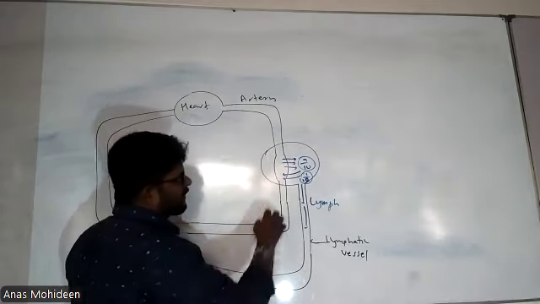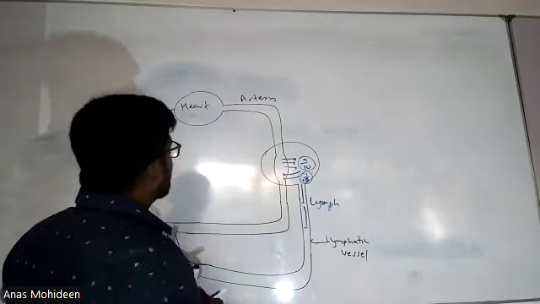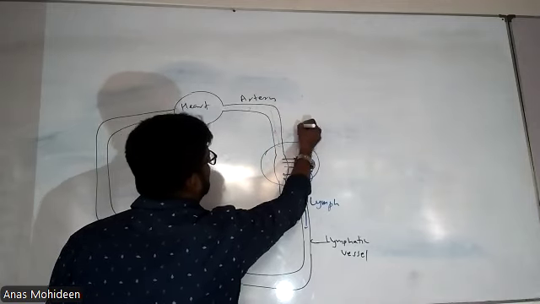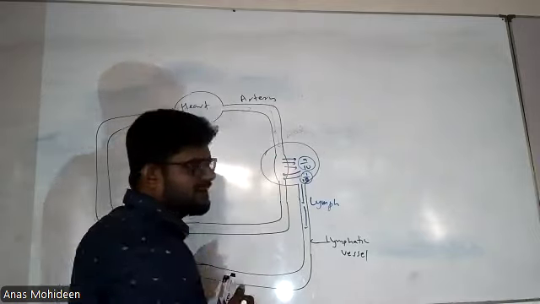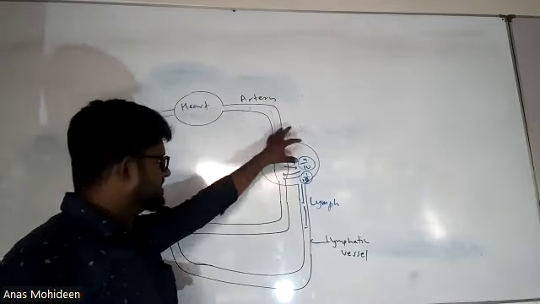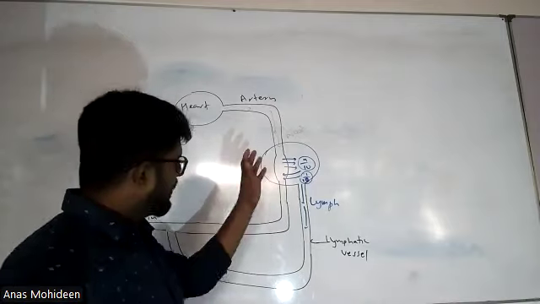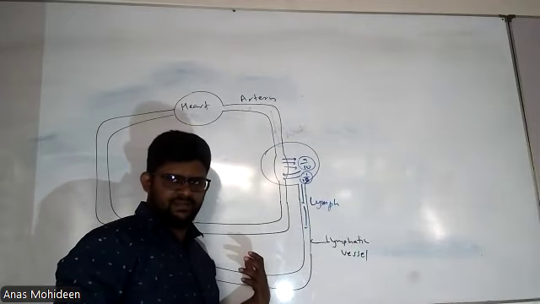This is the blood passing along the artery, and from that blood only some of the particles go out from the capillary, because the capillaries surround the organ. Most of the particles that it gives out are taken back again into the blood capillary.